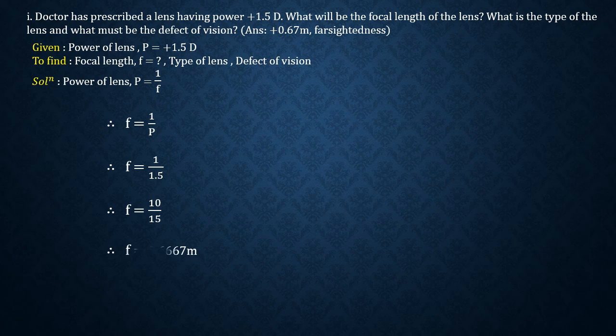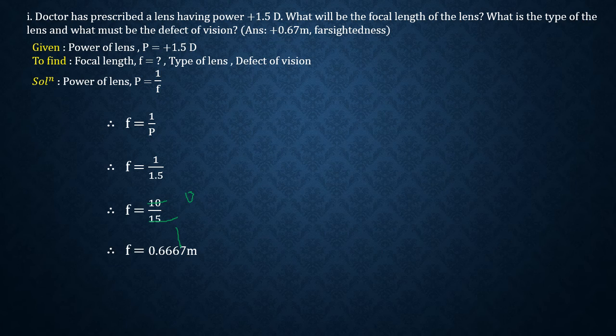If we carry out this division, what can we get? 15 ones are 15. Here we can't divide first, it's 10, therefore 0.